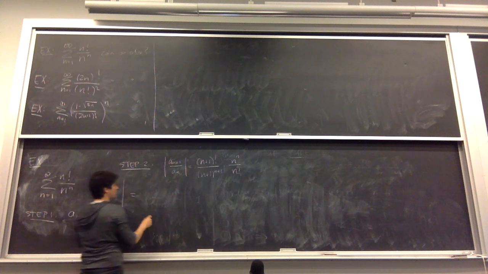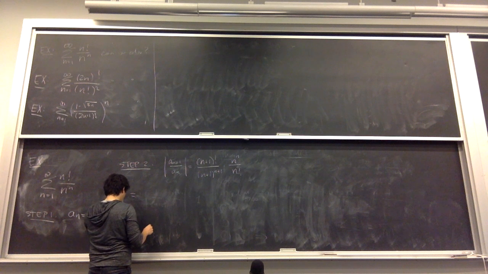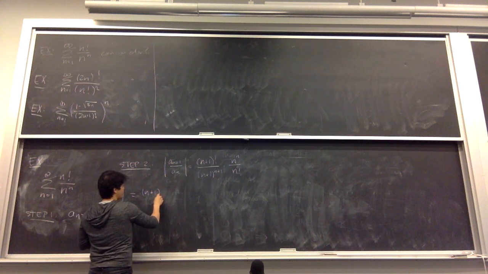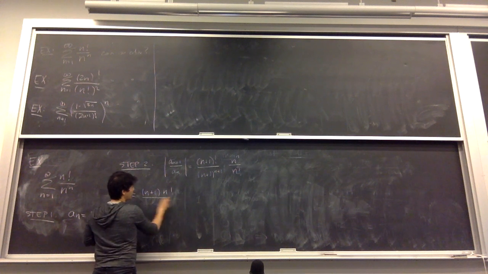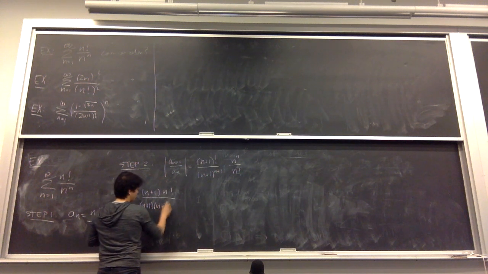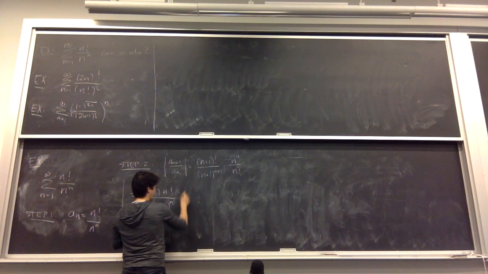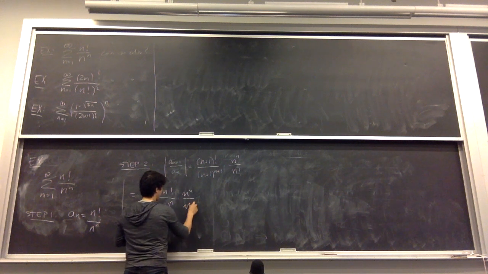This is further equal to, let me see, we're just going to kick out one of those terms: (n+1) times n factorial over, and in the bottom I'm going to separate it like this, (n+1) to the n times (n+1), and then multiply that by n to the n over n factorial.